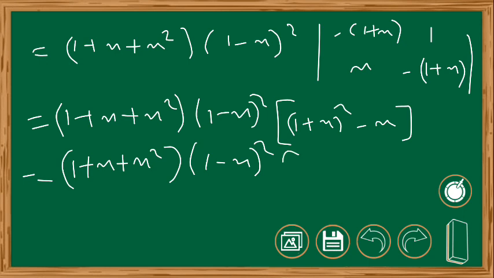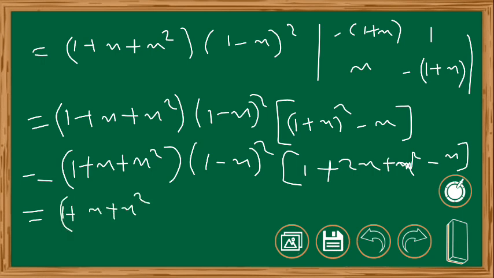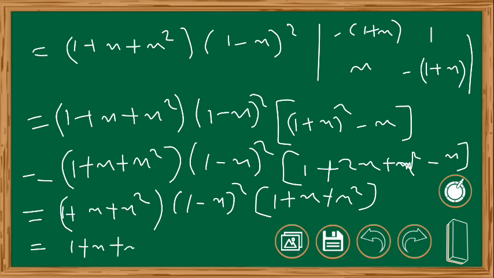Now this will be 1 plus x square, and inside the bracket 1 plus 2x plus x square minus x. Clear? Now this is 1 plus x square multiplied by 1 minus x whole square, and again it is 1 plus x square, multiplied by 1 minus x whole square.